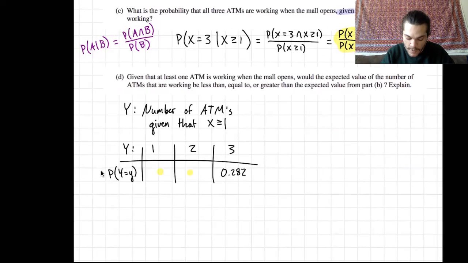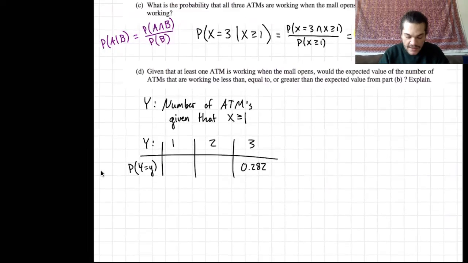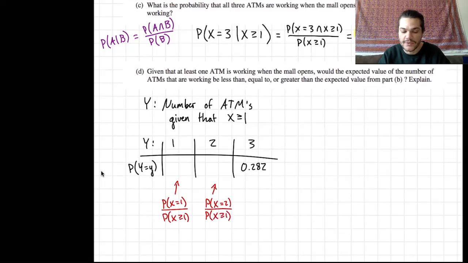For 1 and 2, we take the probability that x equals 1 and divide by the probability that x is greater than or equal to 1, and same thing for 2. And I did this earlier: 0.247 and 0.471. So that's the probability distribution for y.